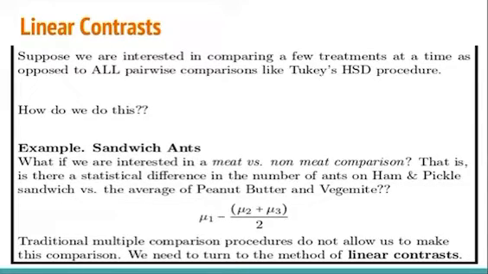Now I want to talk about tobacco votes. In the United States, we have 4 regions, right? You have the South, the Northeast, the West, and the Midwest. These are regions in the United States.